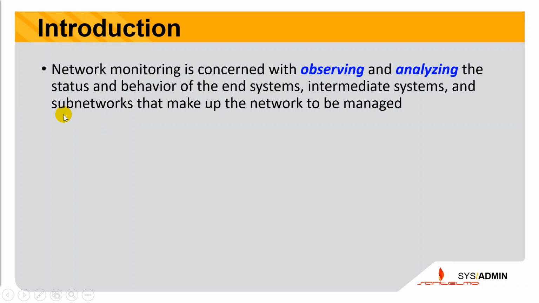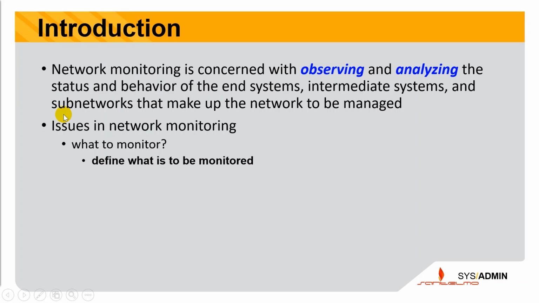Okay, so what are the issues in network monitoring? First is what to monitor. As systems administrators, one of our duties and responsibilities, of course, is to monitor the network. But what do we have to monitor in the network? So define what is to be monitored.